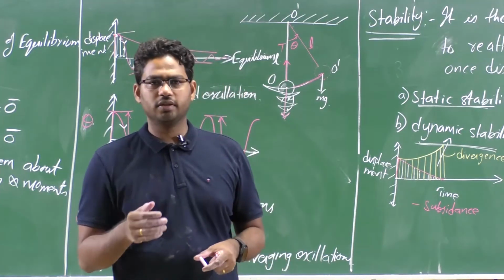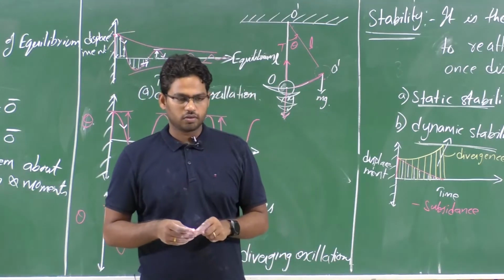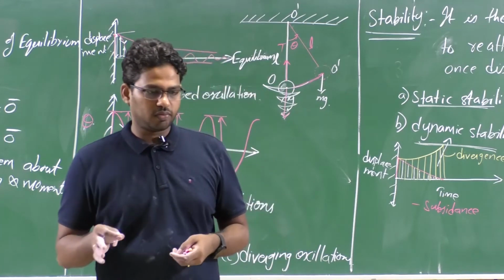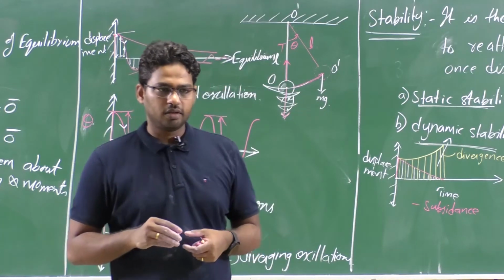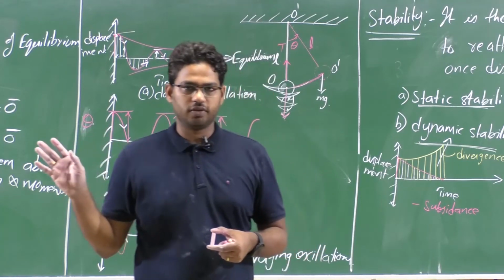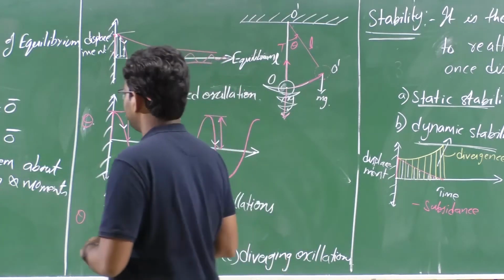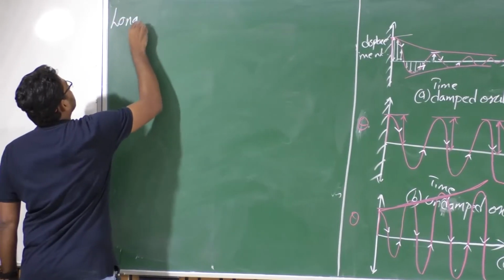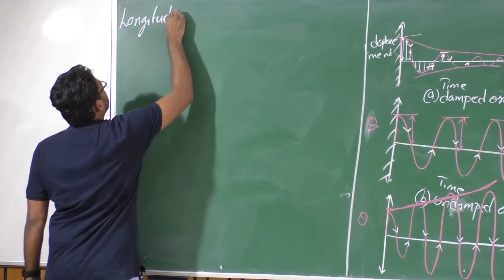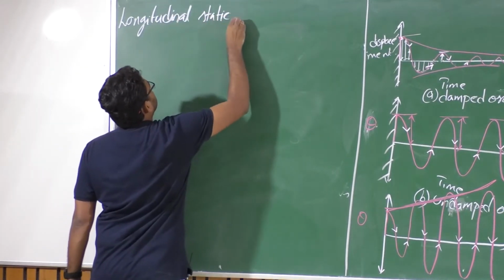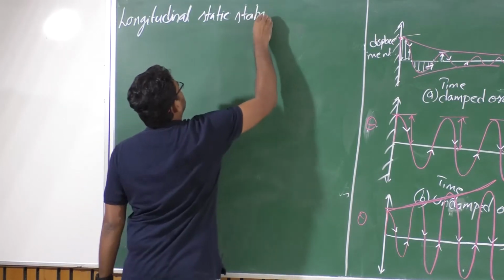In fact, we did this during our previous course, but these concepts are important, and it is worth refreshing them, right? Though it takes some time, it is good if we go through this. So what we are starting with is longitudinal static stability.